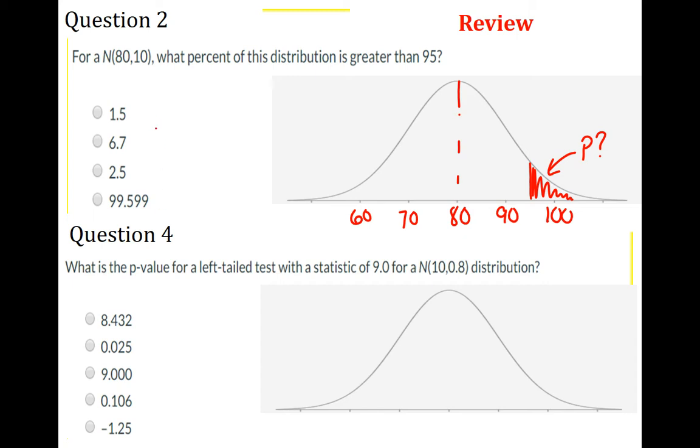All right, well, in your calculator, you should know that on a question that asks for p-value, we're going to do a normal CDF. And on that normal CDF, we're going to enter our lower boundary. We're going to enter our upper boundary, cut points, if you will. We are distributed on an 80 and a 10, so we have to enter that 80 and 10. We can't guarantee a 0 and 1 on this. This is not standard normal.